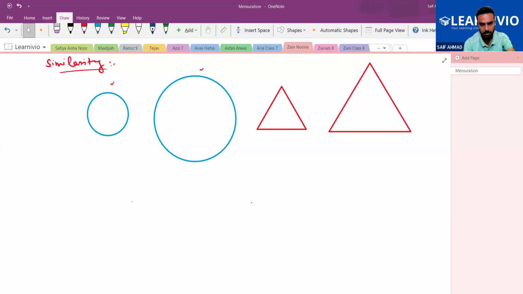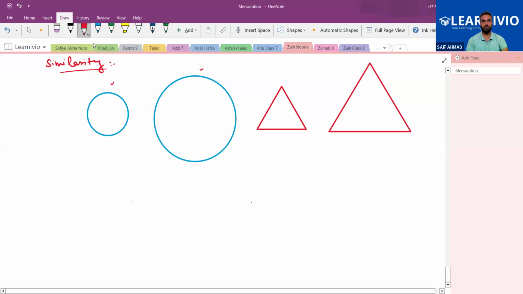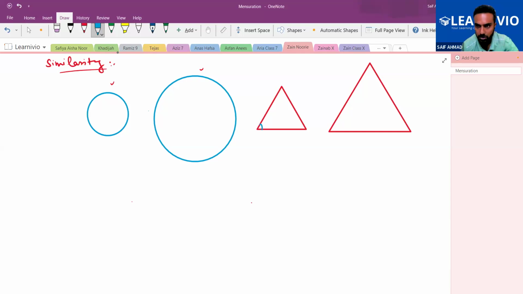So these are some rules. I'll find the rules, one second. There are two things needed to be similar. First, all the corresponding angles should be equal.